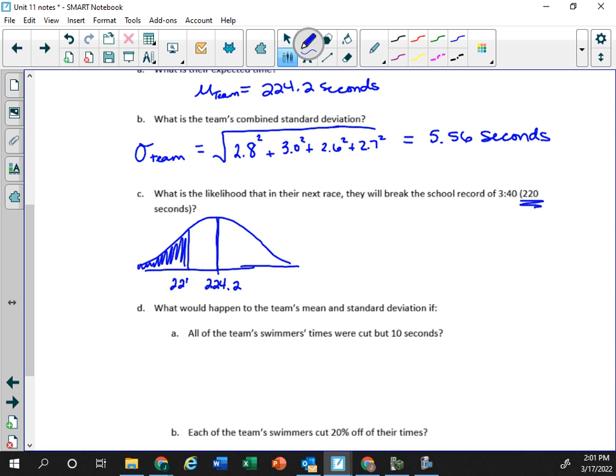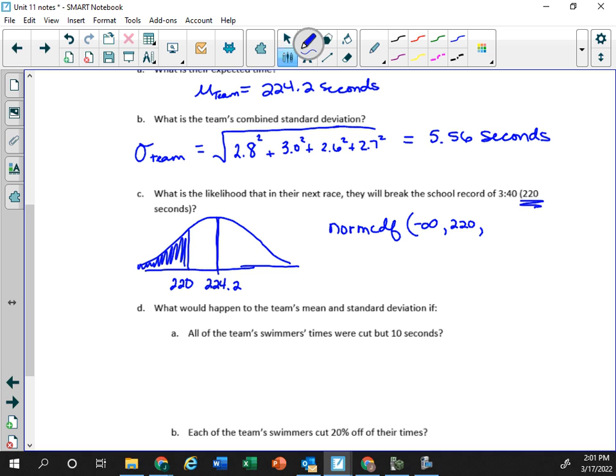Okay, how do we calculate area under a normal curve? Yes, norm CDF. The shaded part, we're going left to right. So we're going from negative infinity up to that 220.